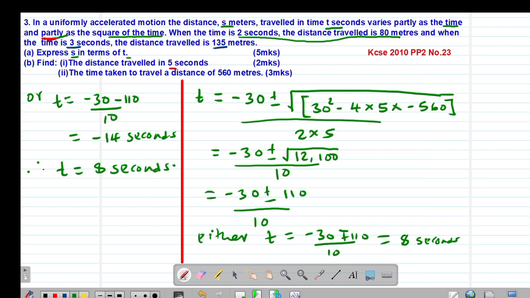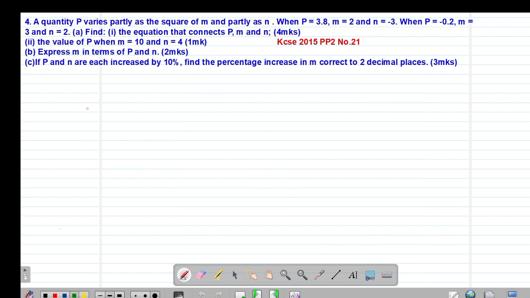Then we look at our fourth example, which is our last example. Remember, this is also a past KCSE question tested in 2015, paper 2, question number 21. It states that a quantity P varies partly as the square of M and partly as N. So this simply means that P will be given by, it partly varies as the square of M, so this is M squared, which implies that P equals the constant K M squared.